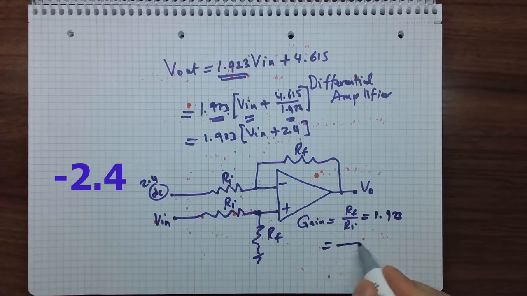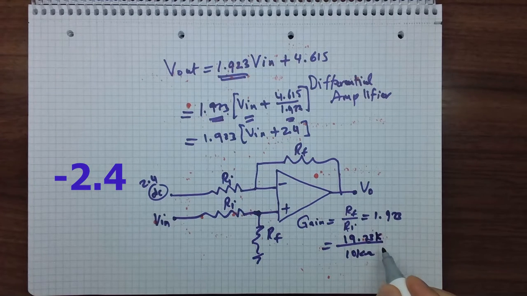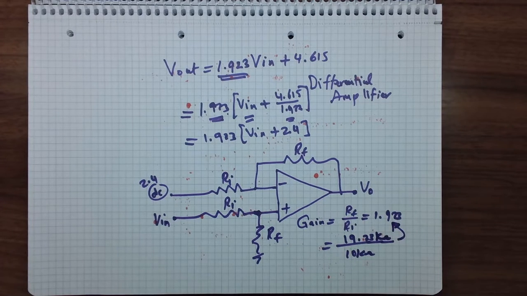So choose RI to be 10 kilo ohm. So in this case, this one should be 19.23. This is kilo ohm and this is kilo ohm. So when you divide this by this, you will get this gain.